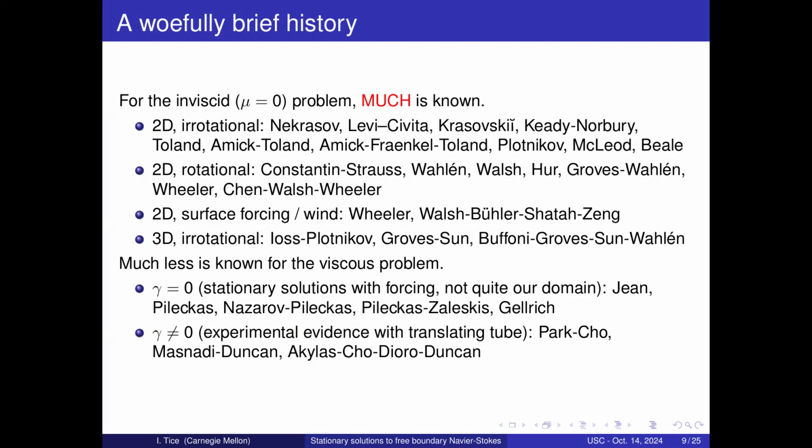Most of these things are constructed using bifurcation theory, Crandall-Rabinowitz, and so they have these crazy curves of solutions in function space that do all sorts of wacky stuff. And so the idea would be that maybe certain solutions along here can be identified as special because they can actually be achieved as the limit of the viscous problem, where of course you will need to scale the forcing in some way because you don't want to reduce to Euler with forcing. You want to reduce to unforced Euler, which is what all of this stuff is done for.